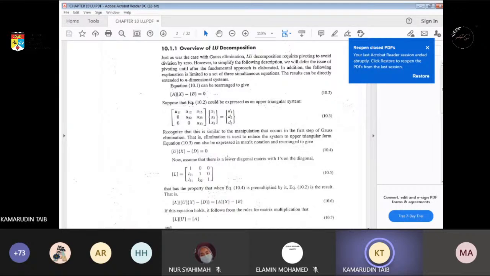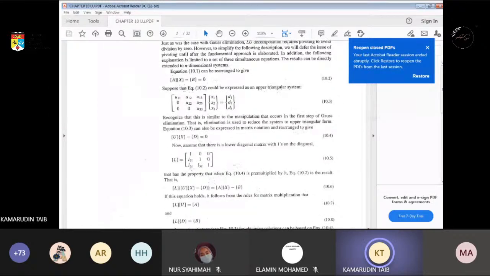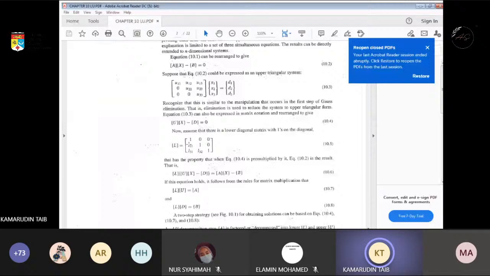And let's assume this lower triangular matrix has the property that when equation 10.4 is pre-multiplied by the lower triangular matrix, that means you pre-multiply from the left hand side.